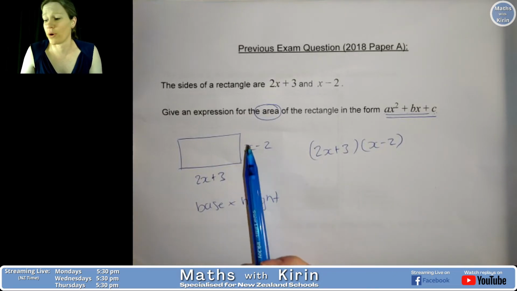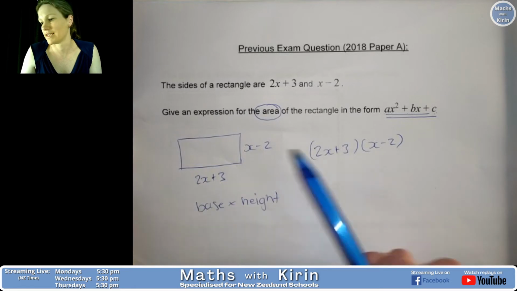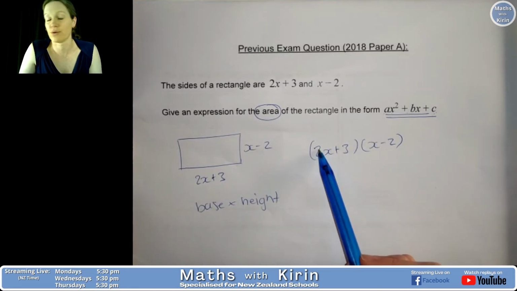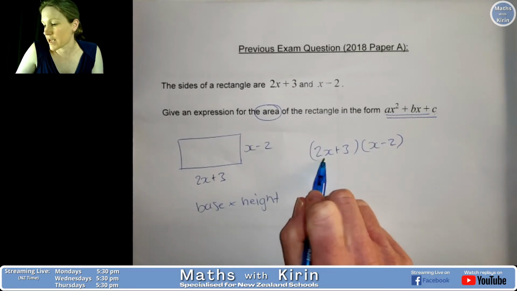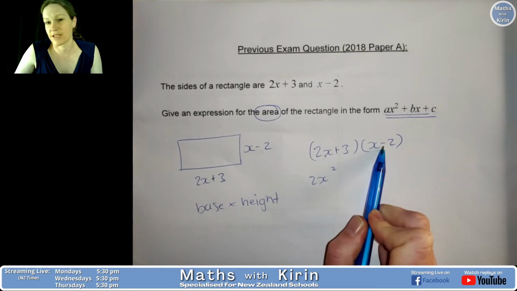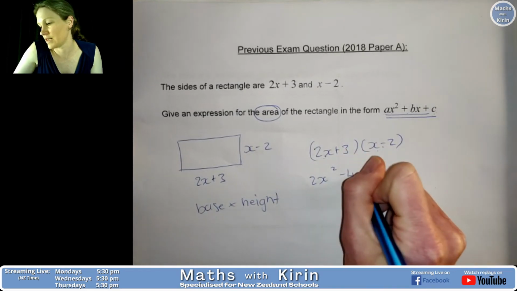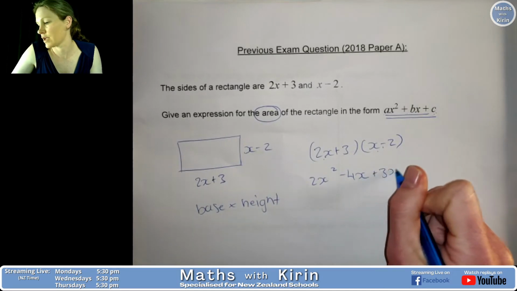Okay, nowhere in the question has it told us that we need to expand. That was what I meant before when I said we may need to use the skill, but we also need to know when to use it. Okay, so expanding this out, 2x times x gives us 2x squared. 2x times negative 2 is negative 4x. 3 times x is 3x.